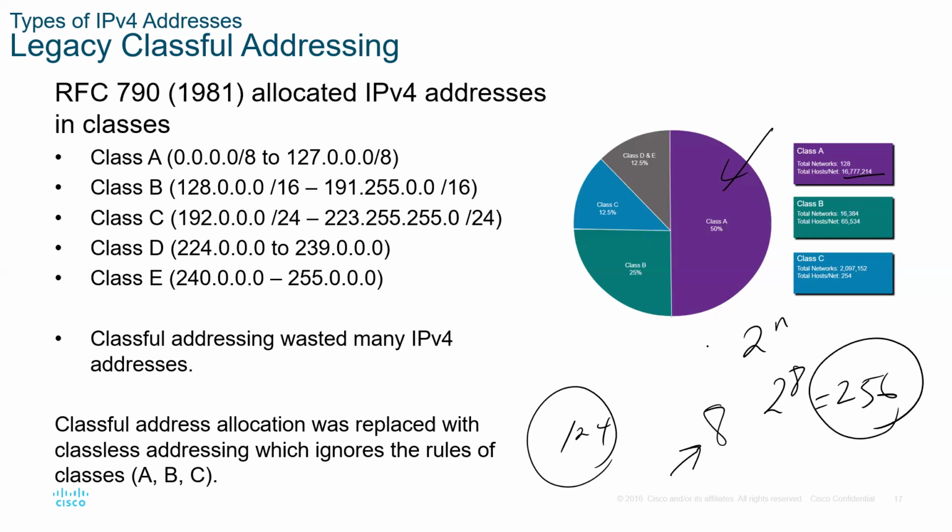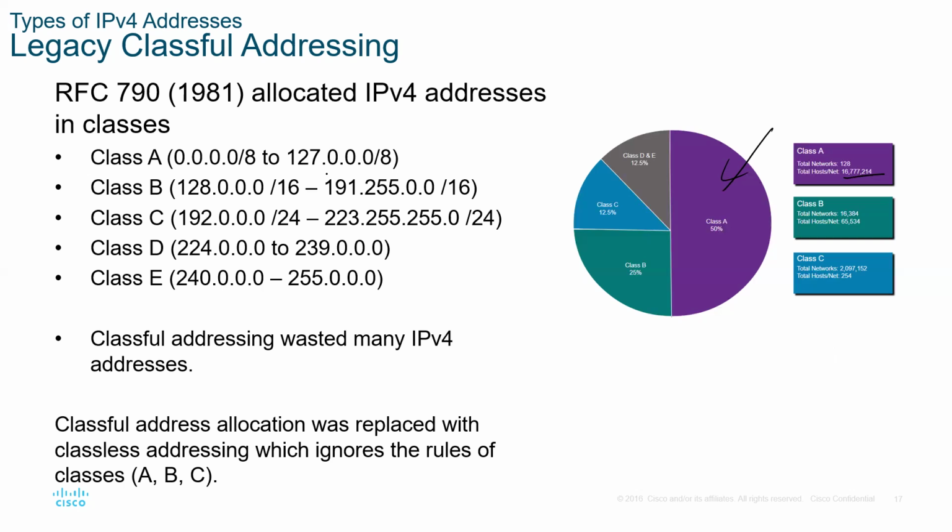Now with class A, you can see it's /8. /8 means I have 8 bits used for the network.